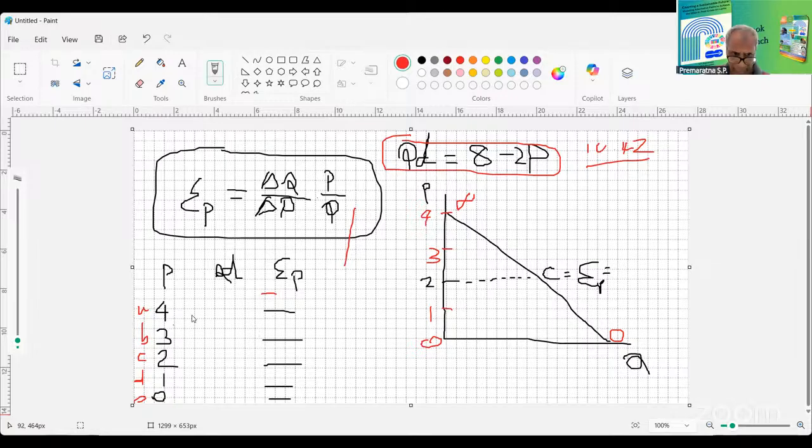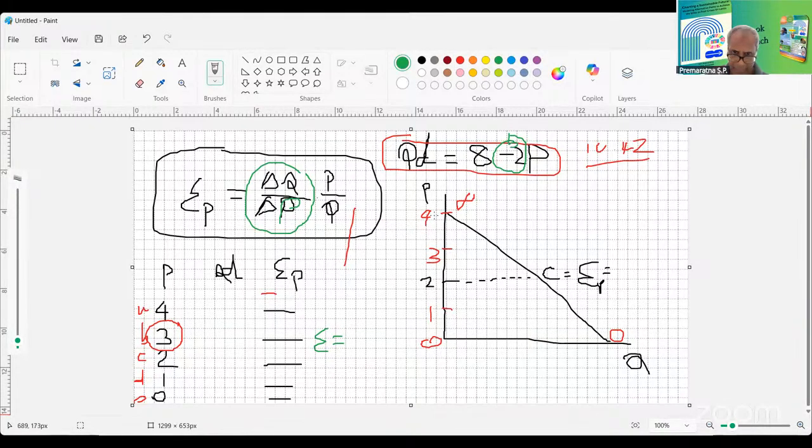Now let's say the price is 3. How to measure the elasticity? Here, delta Q over delta P we can say is the slope of the standard demand function, let's say B, that is the slope.